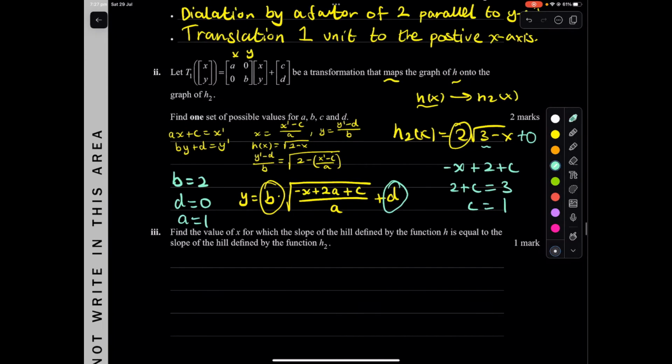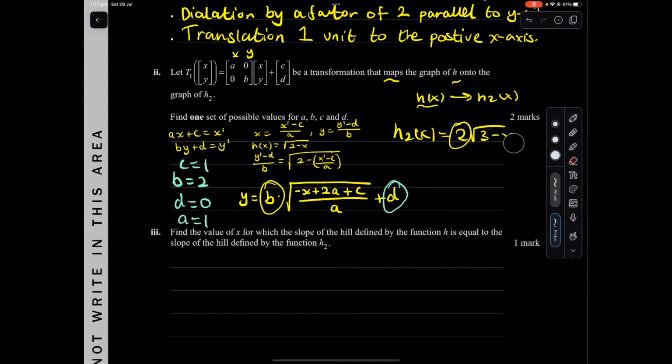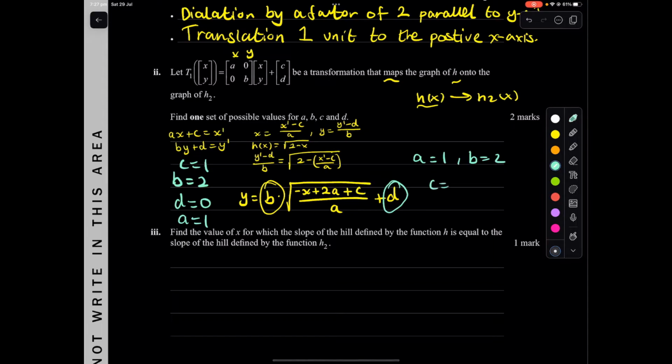Is that right? So c is also equal to 1. I think those are your answers, because that's one set of possible values. There's actually many ways you can do it, but this is the easiest way I got. So let me rewrite them: a is equal to 1, b equals 2, c equals 1, and d equals 0.